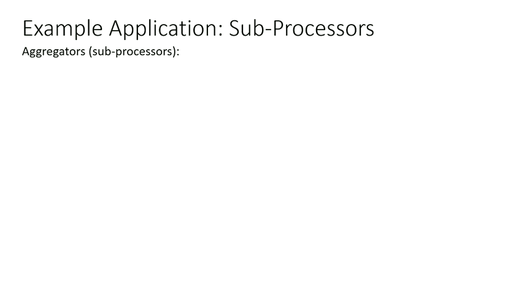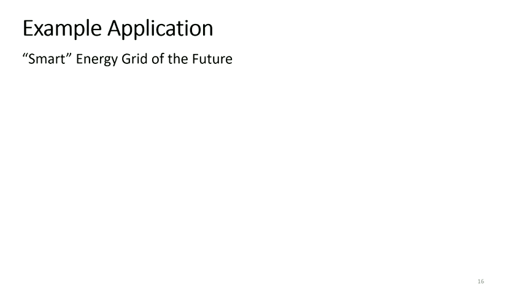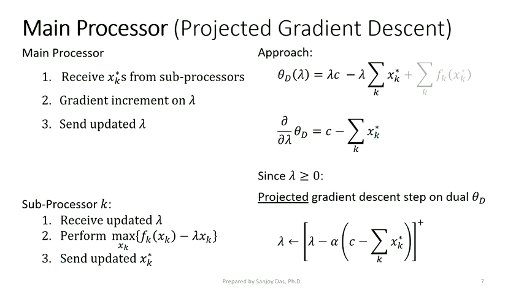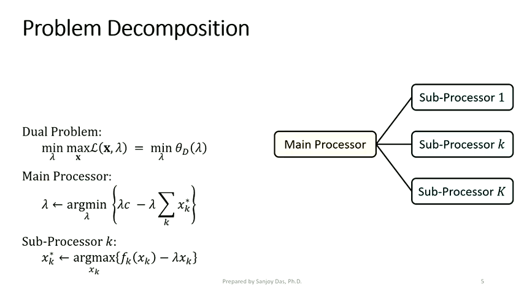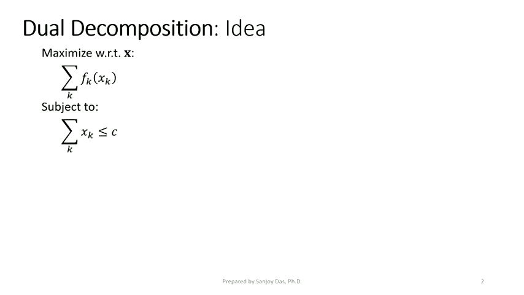But this is the gist of dual decomposition. Are there any questions? Do you understand what's happening here and why it's happening? From the example, you see what the problem is and why it's done this way. We want to maximize the social welfare.